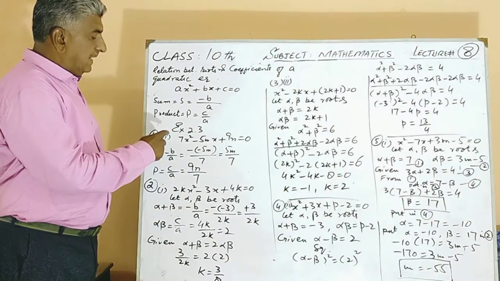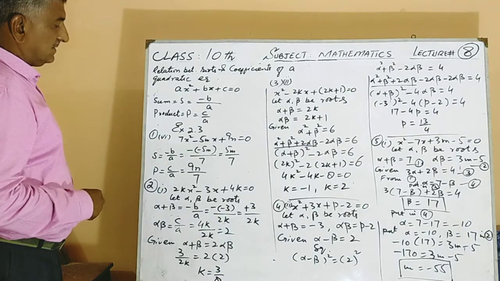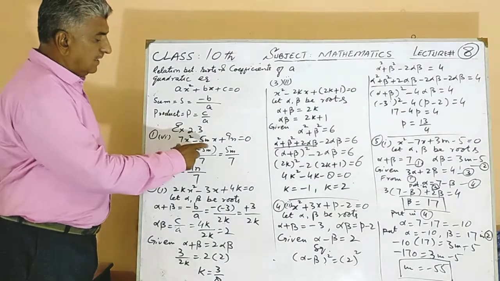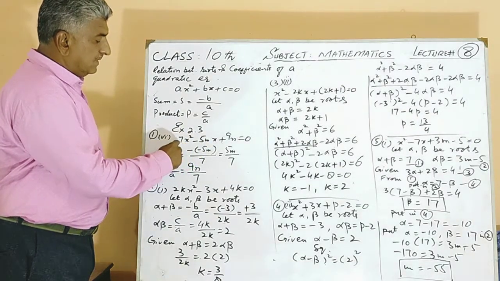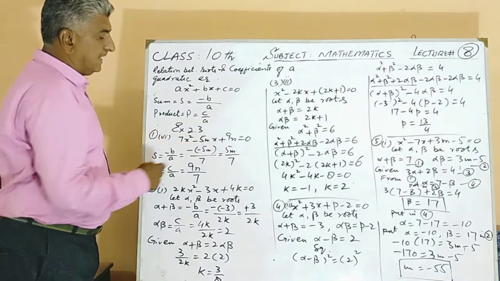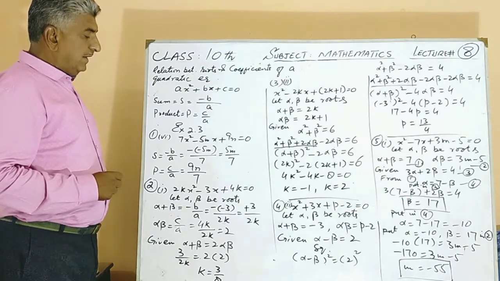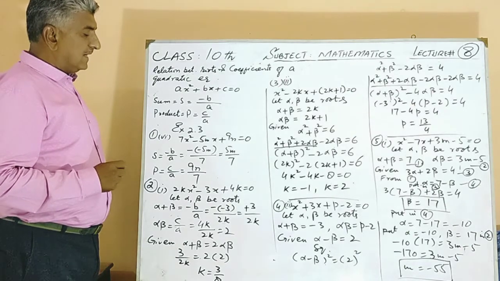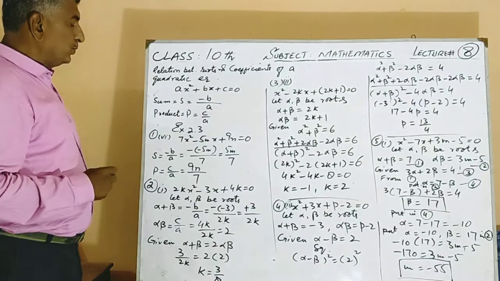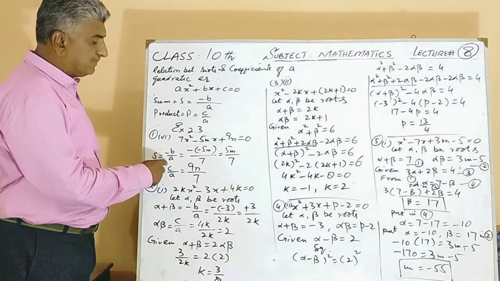In exercise 2.3, question 1, part 6, we have a quadratic equation 7x square minus 5mx plus 9n is equal to 0, and if we want to find the sum of the roots of this equation, then we will use s is equal to minus b upon a.